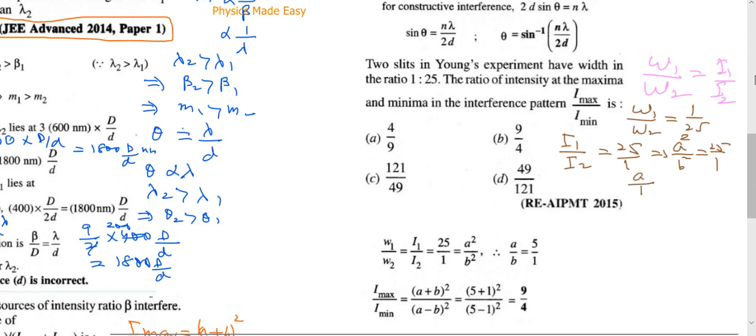So from here A by B is 5 by 1, and now I max divided by I min. I max is simply (A plus B) square, and I min is simply (A minus B) square.